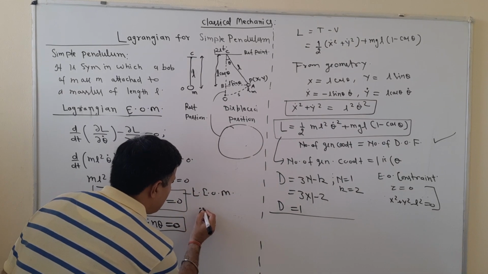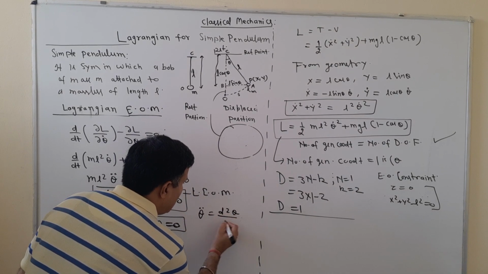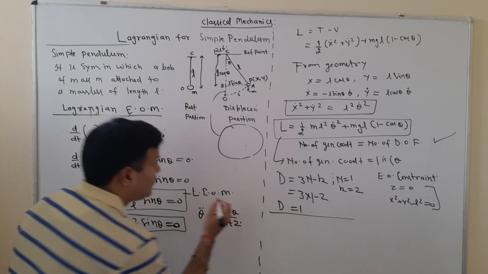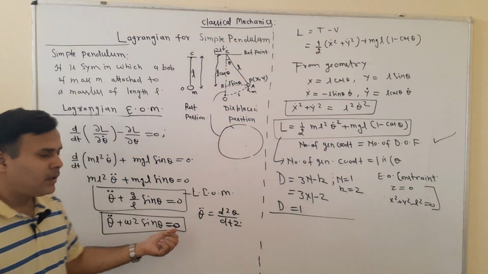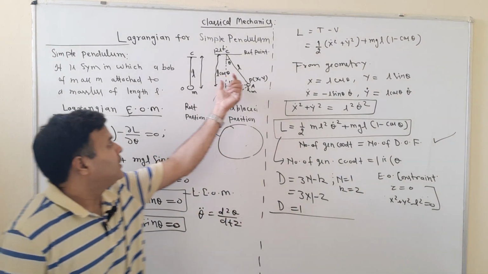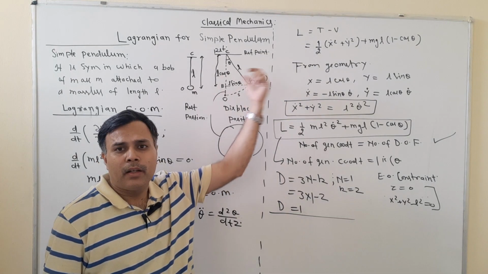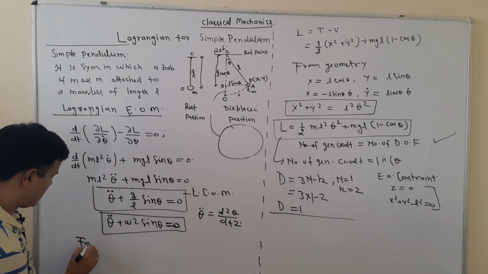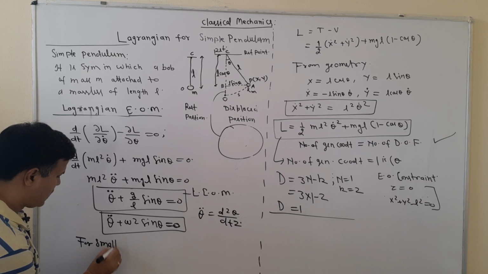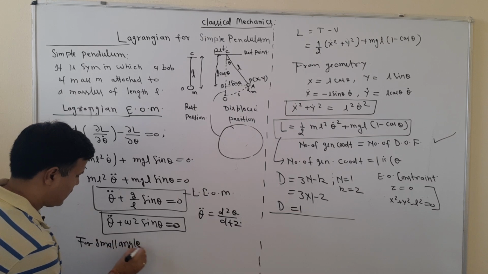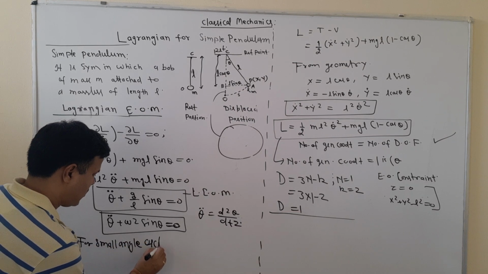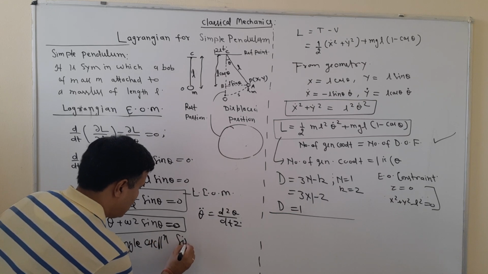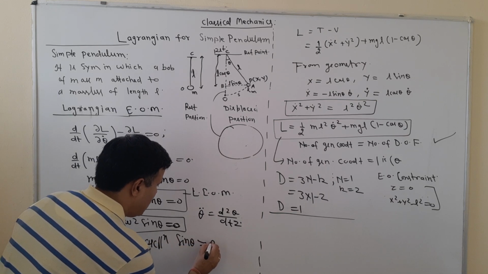This theta double dot is d2 theta by dt square. If the oscillation is small, so for a small angle oscillation, sin theta is simply theta.